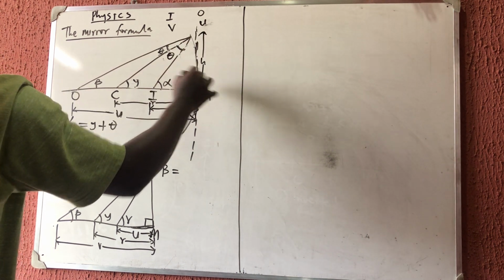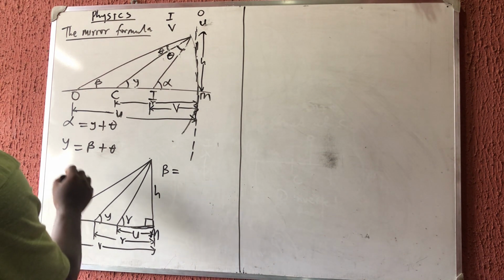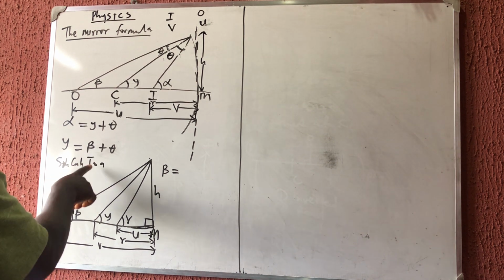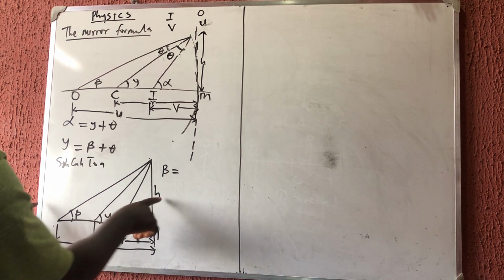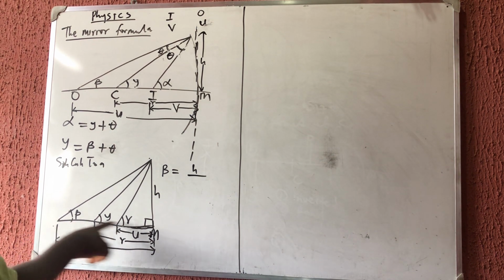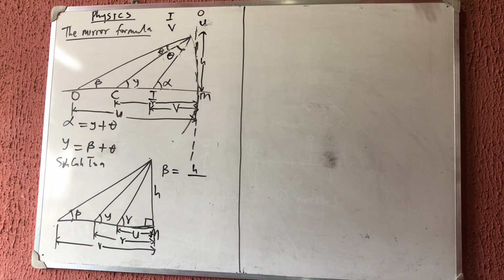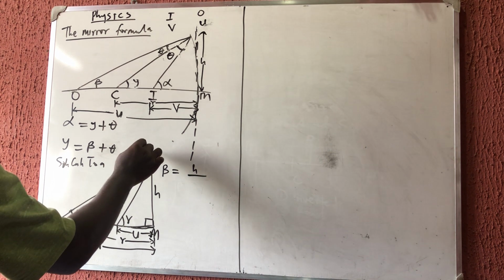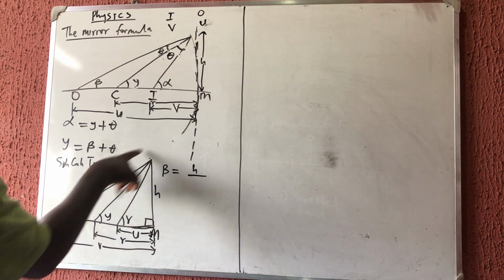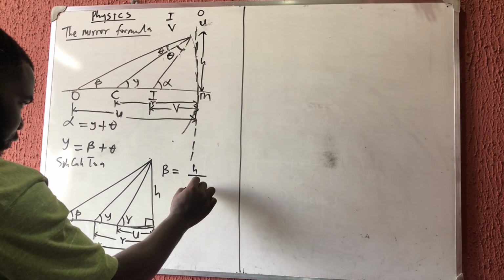The height is always the same. For this big triangle, opposite H over adjacent, and the adjacent there is your V.